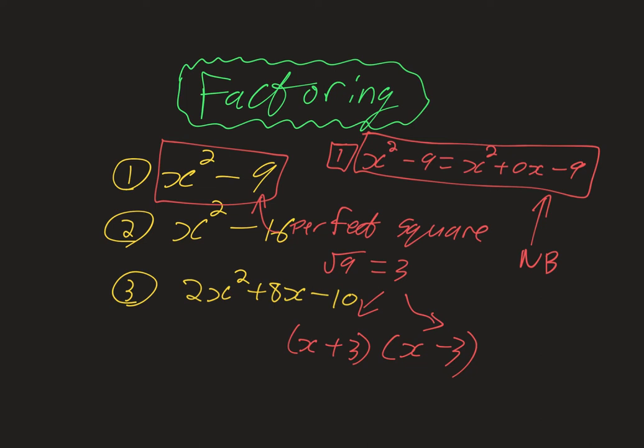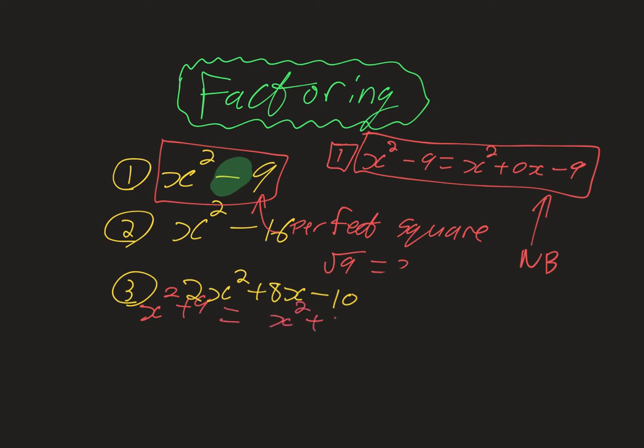Another thing to note is that this piece over here has to be negative, right? So just by way of showing you, let's suppose it was positive. Suppose we had x squared plus 9. Then this could be rewritten as x squared plus 0x plus 9.